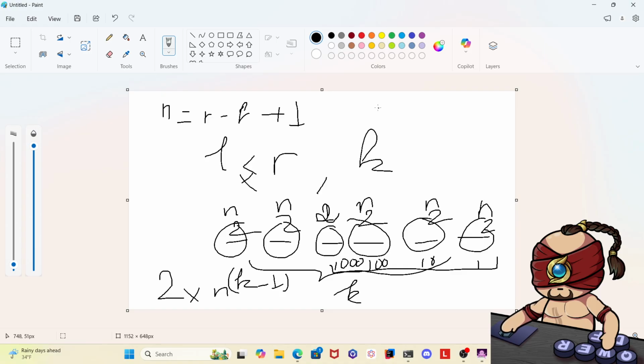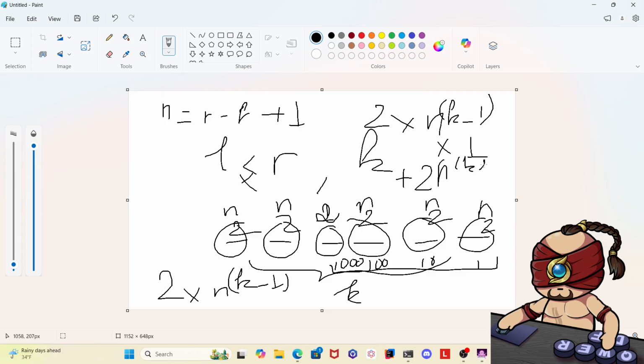So you will have 2 times n to the k minus 1, as every digit 2 will contribute this much, but you have to account for the shift of it in terms of 1, 10, right? And that's basically 1 times this right here, and you plus 2 times n to the k minus 1.